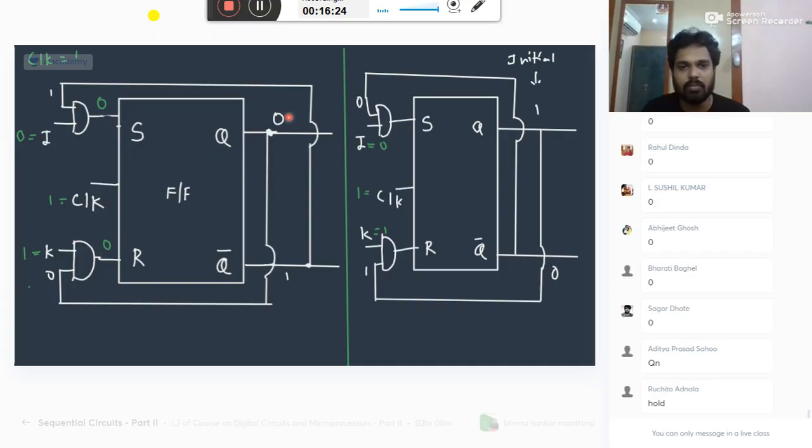So 0 will become again 0. 1 will become 1. In this case, 0 into 0, and 1 into 1 gives 1. So the SR flip-flop is there with the input 0, 1. Output will be equal to 0.